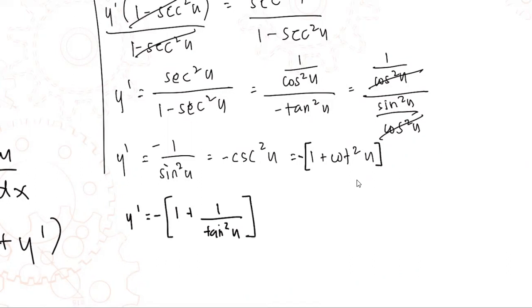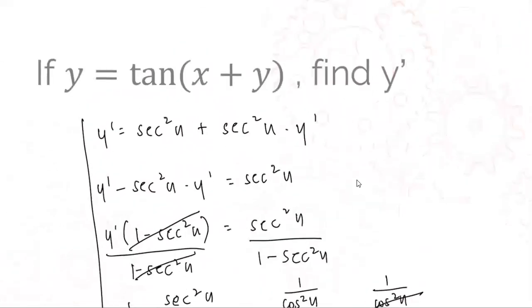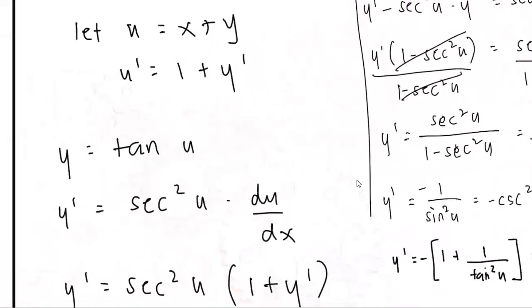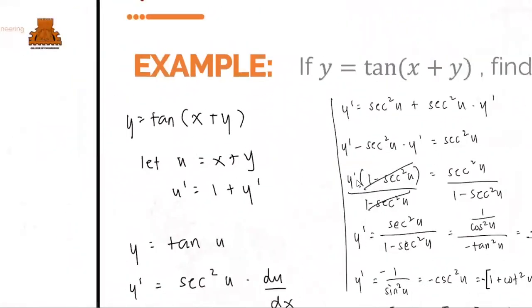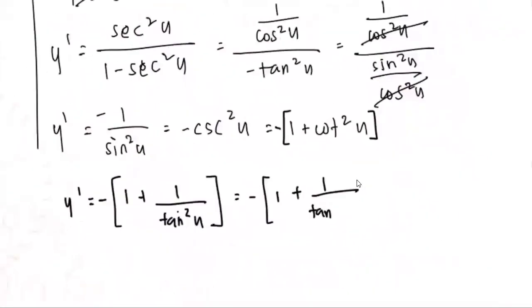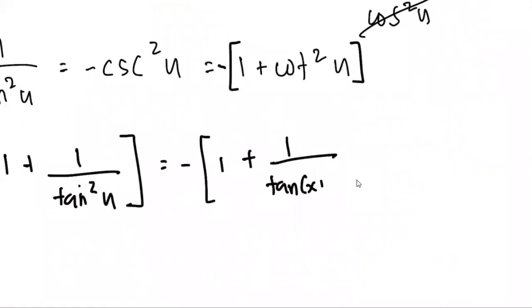Okay? So, makita mo yung equation mo, naka-tangent squared u ka. Ano ba yung value ng u? So, balik natin. Negative 1 plus 1 over tangent. Yung u natin is dito, x plus y siya, no? As x plus y. So, x plus y.